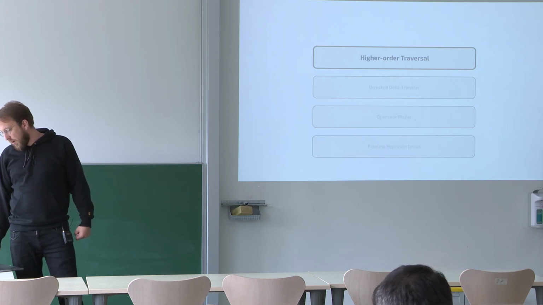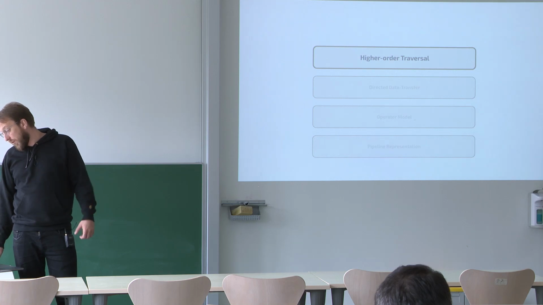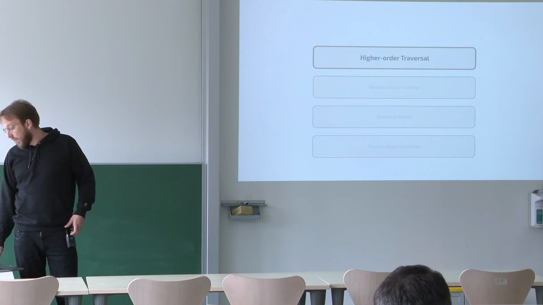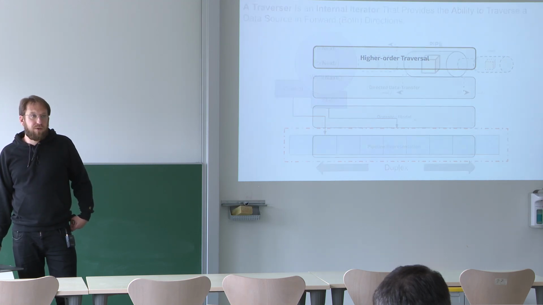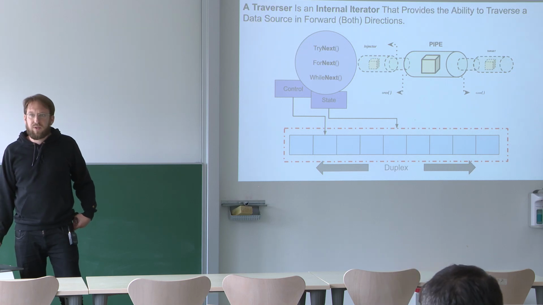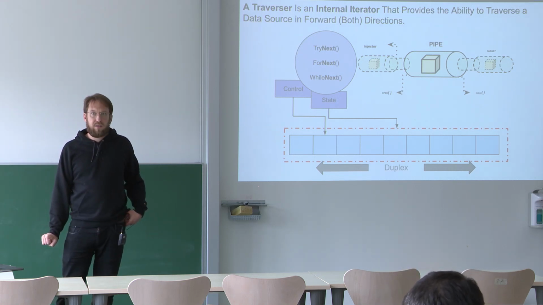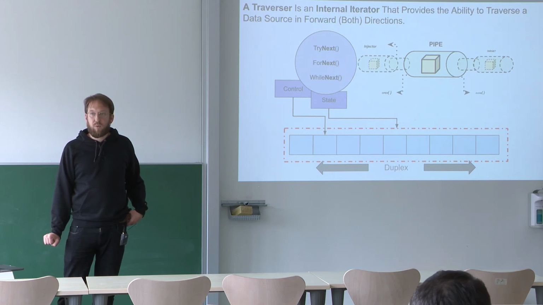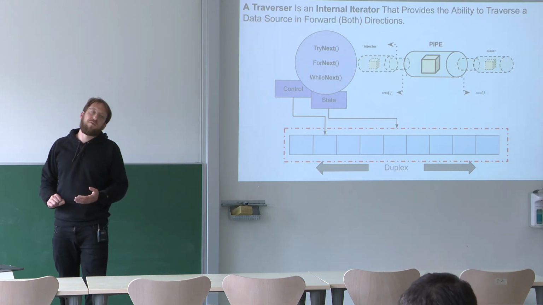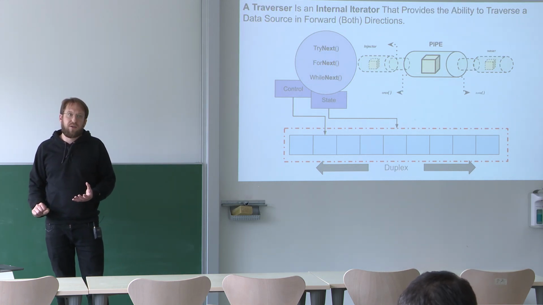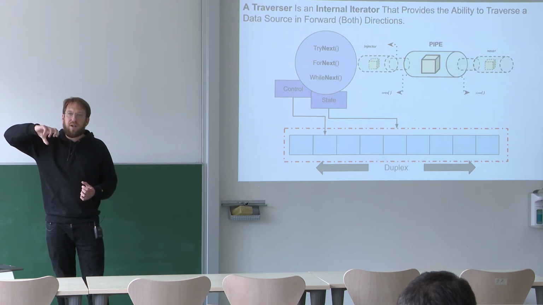So first, the higher order traversal, and the purpose is to provide a unified approach to access and iterate through diverse data sources. Using the concept of internal iterators. Do you know what internal iterators are? No? Okay, something like a for loop is an external iterator because you can exit from the outside.